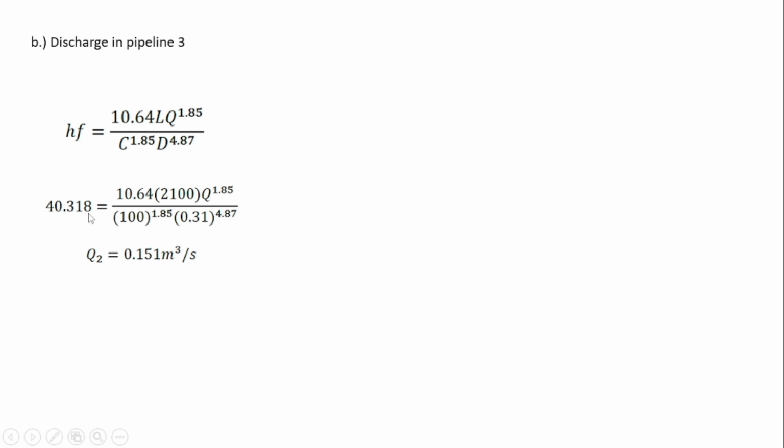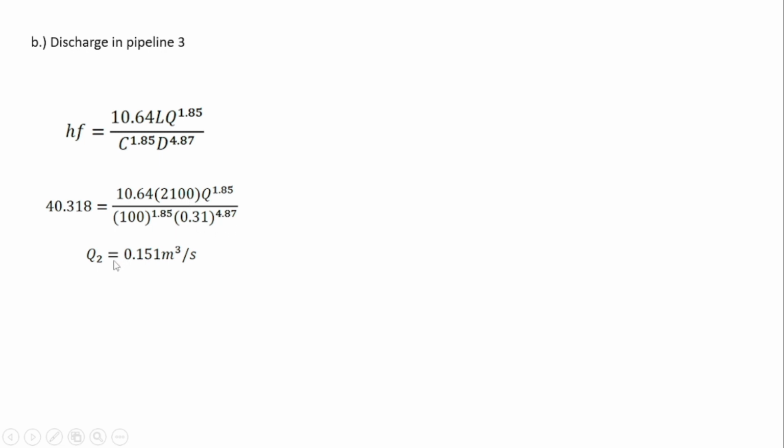So 40.318 is equal to 10.64 times 2100, which is the length, times Q2 raised to 1.85 all over C, which is equal to 100 raised to 1.85, times diameter 0.31 meters raised to 4.87.